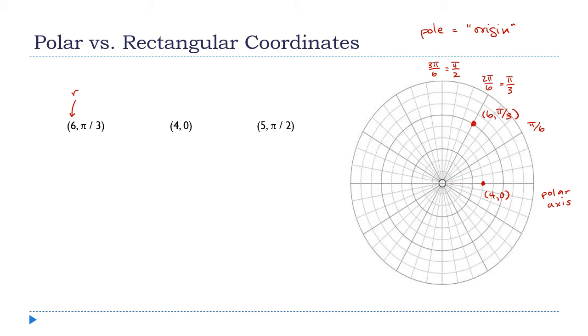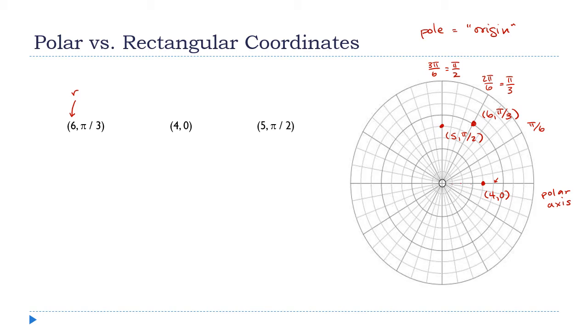And my last one, 5 comma pi over 2. 5 is 1 unit further out, so that would be here. Then I'm going to go around pi over 2 radians. Well, that's 90 degrees, so that's going to be right here. So that point will be 5 comma pi over 2.